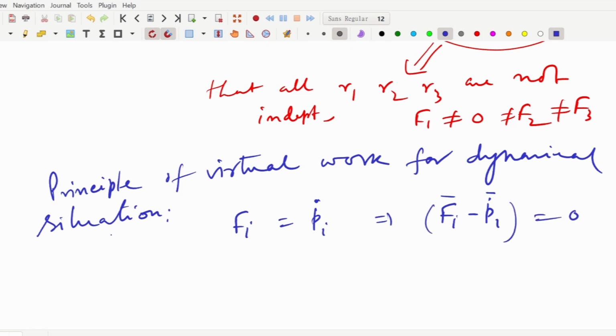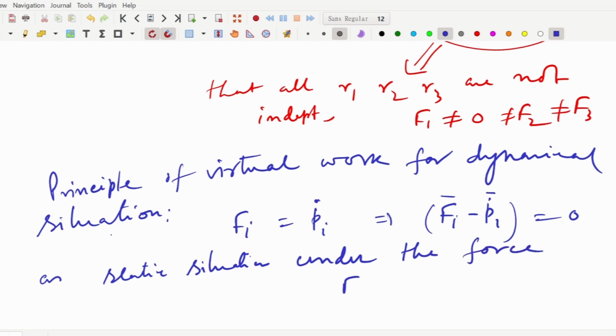We can consider the dynamical situation as a static situation under the force Fi minus Pi dot equal to 0.